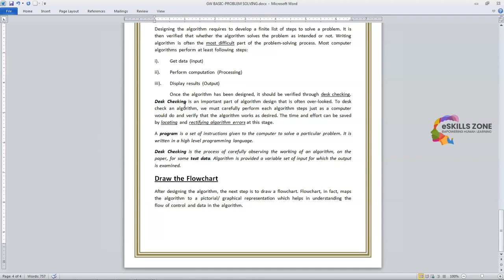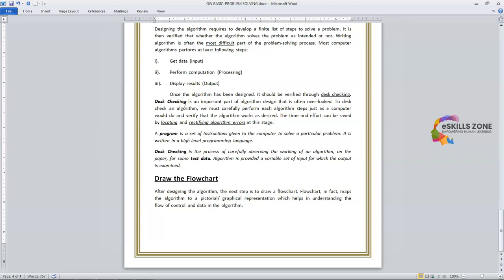The flow of execution of the program is always represented from top to bottom, sequence wise, step by step. The first step is the start step, after that the input step, after that the process step, and if a decision is required, decision symbols are used.